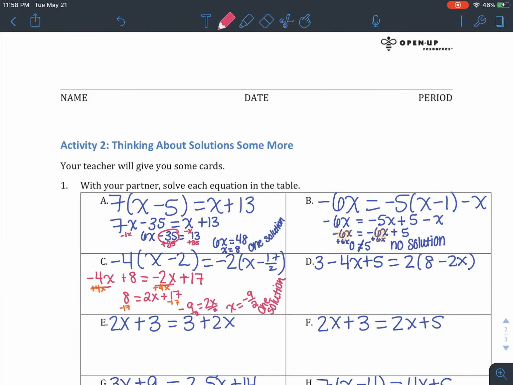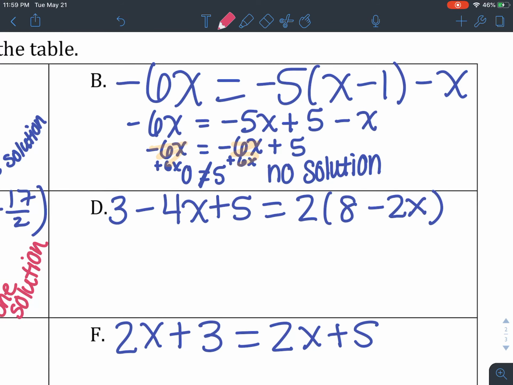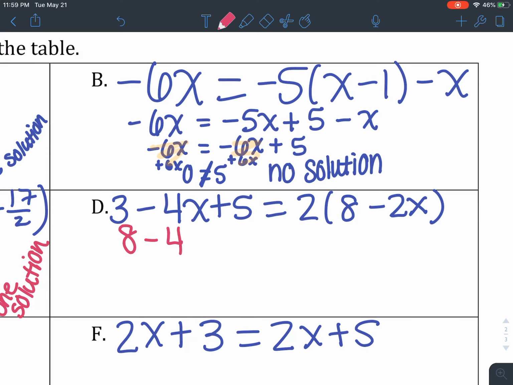All right, so our next question, we are going to look at letter D. Now, on the left side, we do not have any distributive, but we have 3 and 5. So let's combine those like terms. So 8 minus 4x equals, and now 2 times 8 is going to be 16. And then 2 times negative 2x is going to be minus 4x.